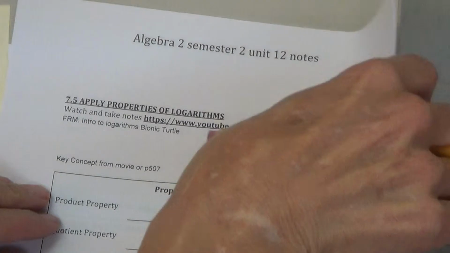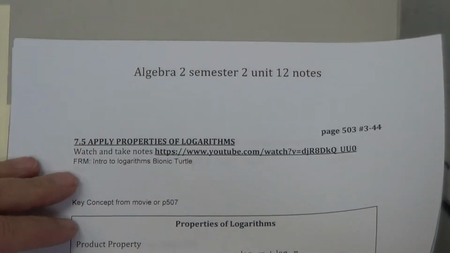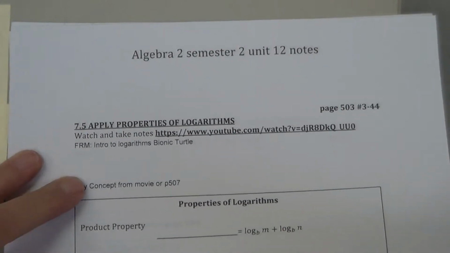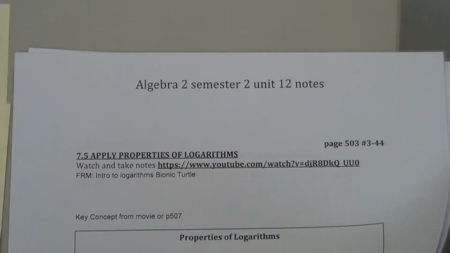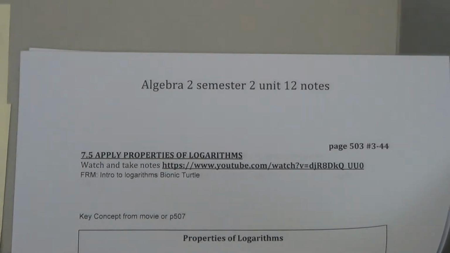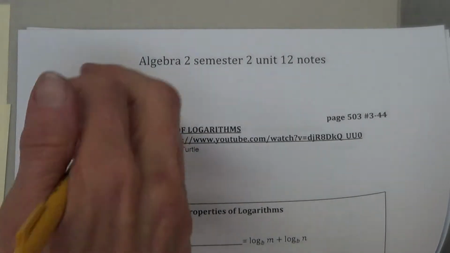I want to back up just a little bit. You know that the inverse of logs is your exponential functions. So I just want to review a couple rules from exponents that hopefully you remember.